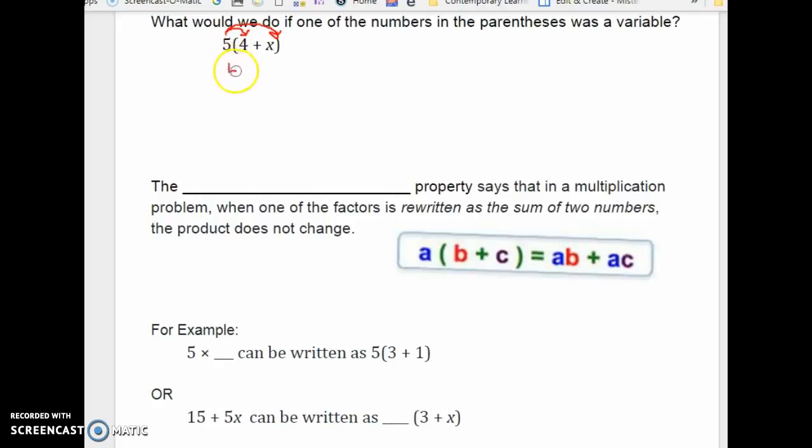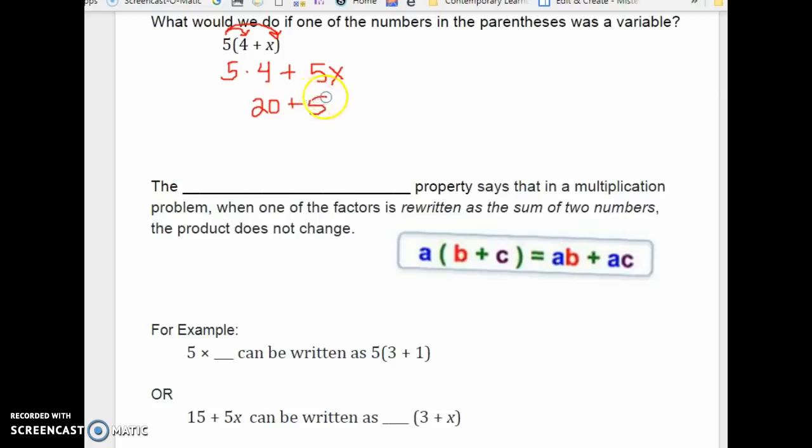So we're going to do 5 times 4, and I'm going to write it out step by step so you don't forget. 5 times 4, and then I'm going to add that to 5 times x. Well, I can't really do much with 5 times x, so it's probably going to just stay 5x. 5 times 4 is 20, and we have 5x.